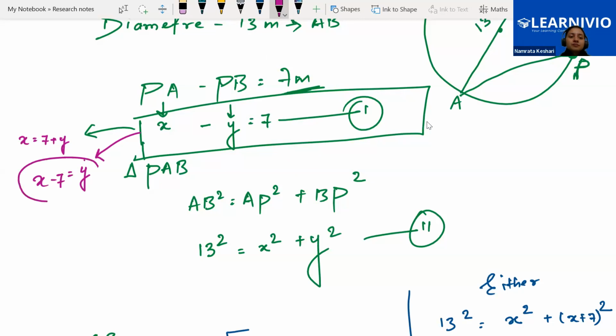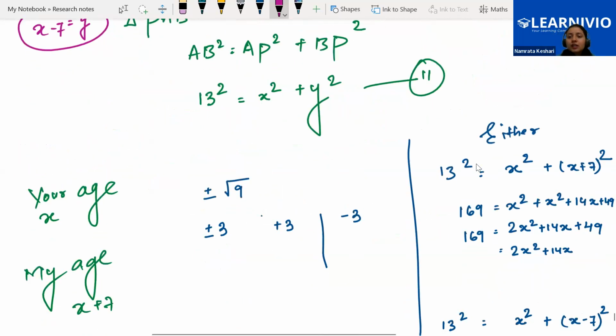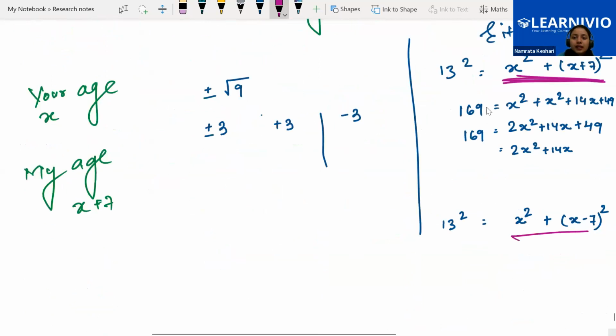Can you see? Either use this one or use that one. Eventually both the numbers, like both the distances, will come out the same. That's why I was telling you that you can go ahead like this, or you can go ahead like this.